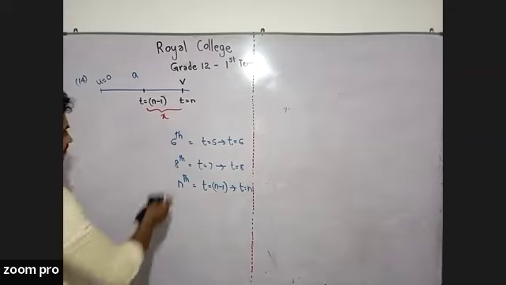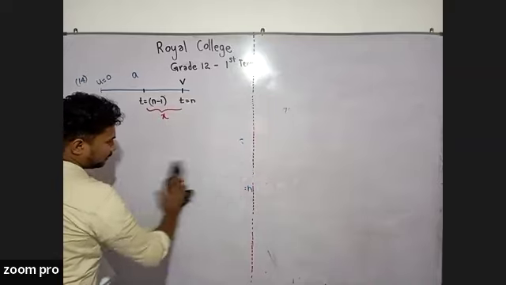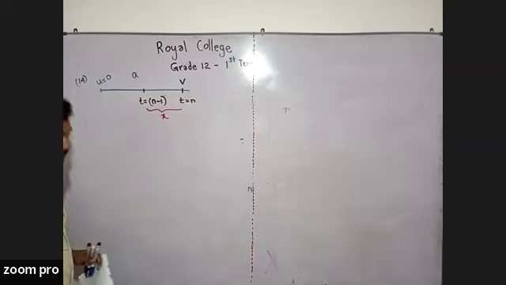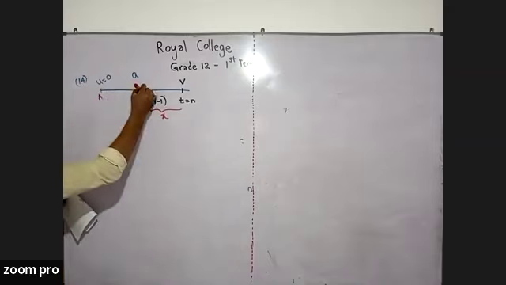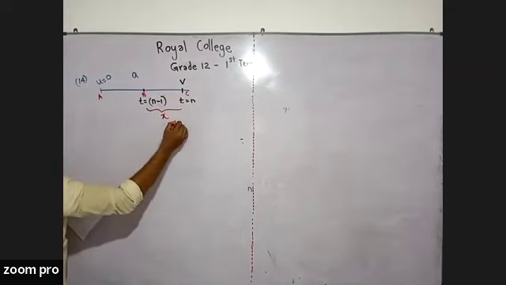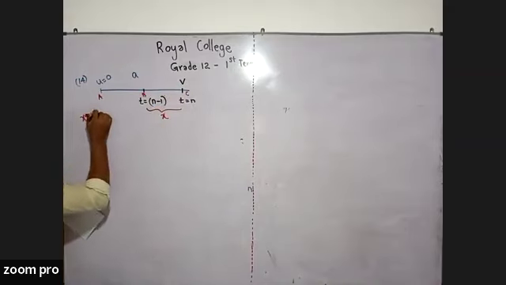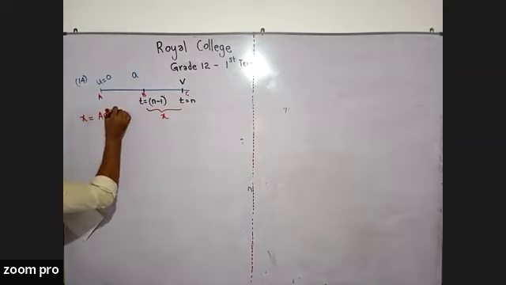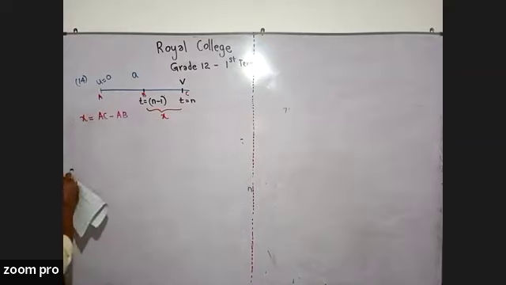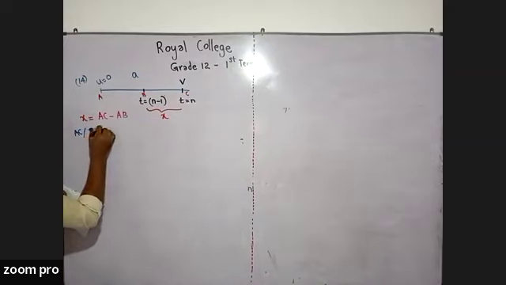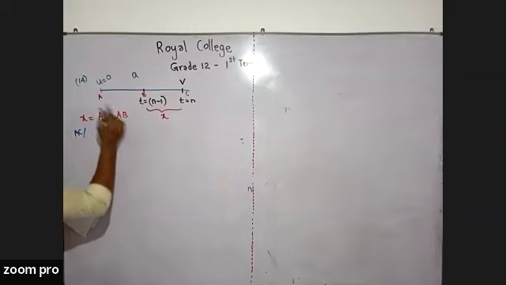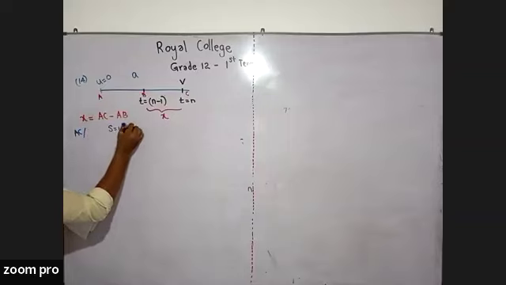Okay. Now, if you are asked to find the distance traveled within a particular second, there's a small method. Let's name these points A, B, C. So x can be obtained by subtracting the distance from A to B from the distance from A to C, isn't it? So let's apply the equation from A to C. S equals ut plus half at squared, right?